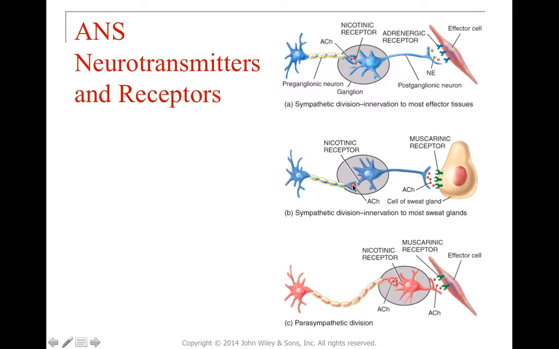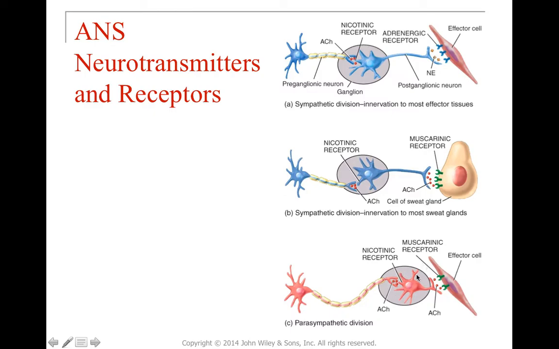So nicotinic receptors, when we're going to be releasing acetylcholine at the ganglion, and at the postganglionic region where the neuron is going to be innervating the effector cell, it can either be adrenergic because it is releasing norepinephrine, therefore picked up by adrenergic receptors, or muscarinic because it is releasing acetylcholine, which is going to be picked up by the muscarinic receptors in these sweat glands or in different regions of the body, which again helps you to remember musk is muscarinic.